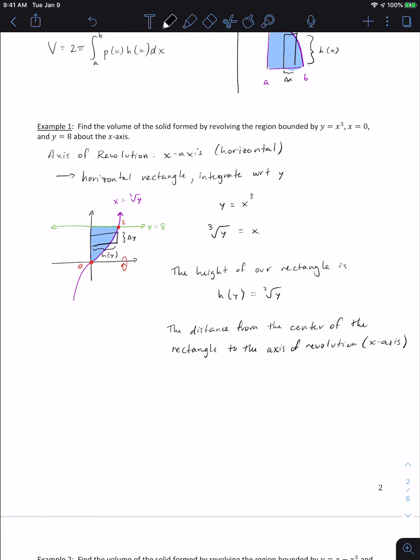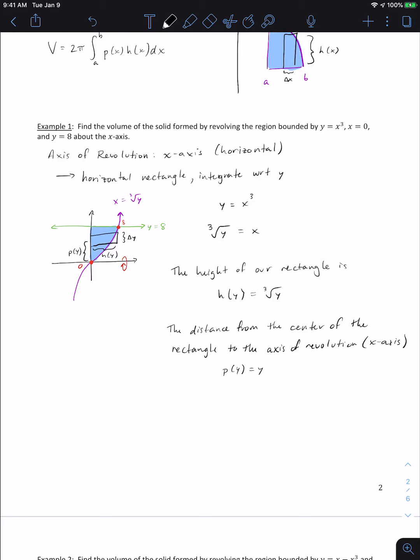Now let's think about this. So the center of the rectangle, all the way to the x-axis. Well, notice that that's going to be our p of y here. That distance right there is going to be y, and I'll explain why here in a second. So p of y in this case is going to be y.